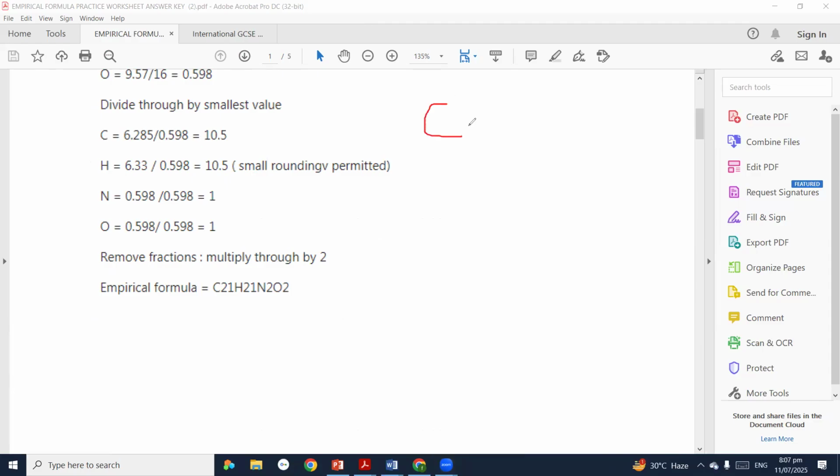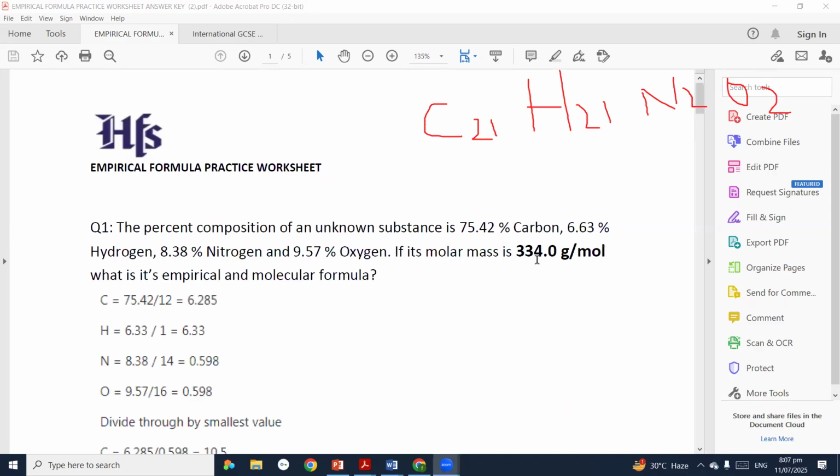This is your empirical formula you have calculated from the given data, C21H21N2O2. And your molar mass is 334. So can you calculate the molecular formula by this empirical formula and molar mass?